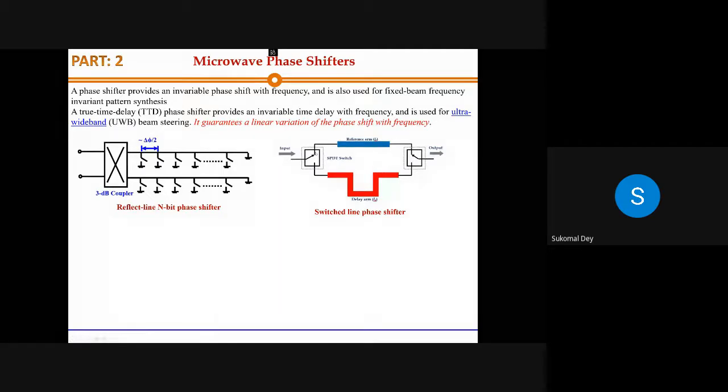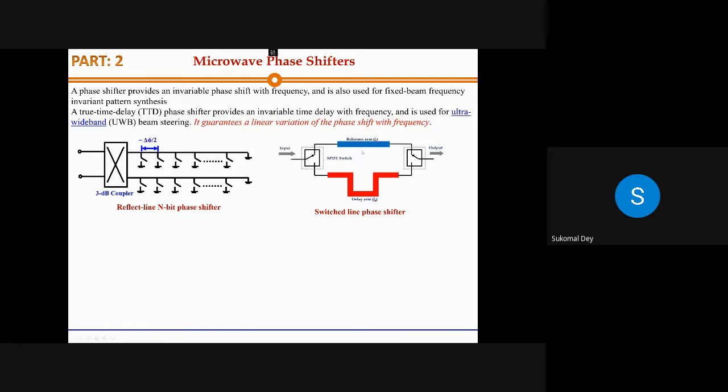Once you activate the reference arm, you take the signal, then you activate the second arm and take the signal. These two arms have different lengths. If you compare the phase between the reference arm and the delay arm, based on the line length difference you will get some kind of phase shift.